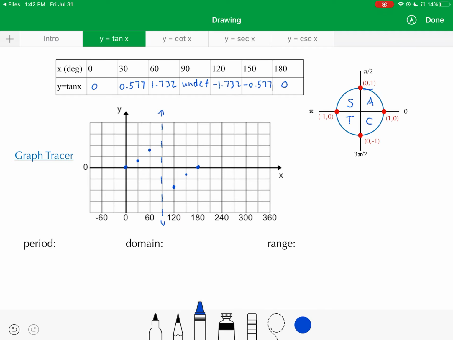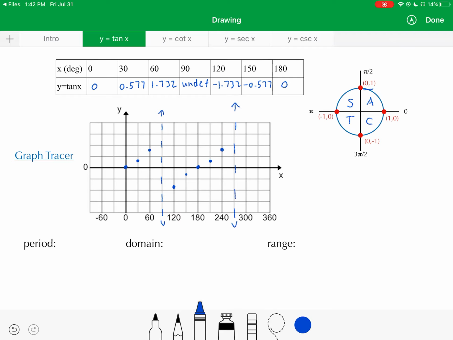When I get into the third quadrant, tangent is going to turn back to being positive. So at 210 degrees, I should be back to positive 0.577. At 240 degrees, positive 1.732. And then I'll get an asymptote again at 270 degrees.